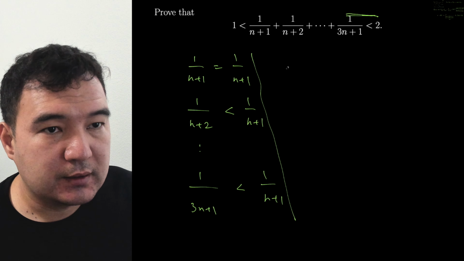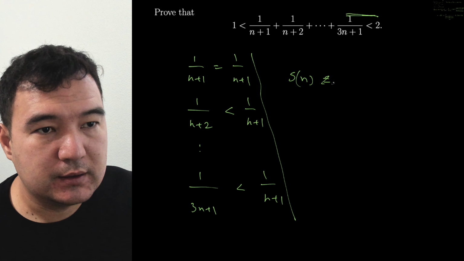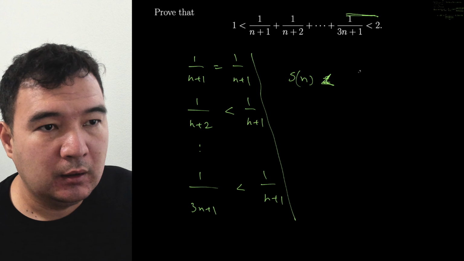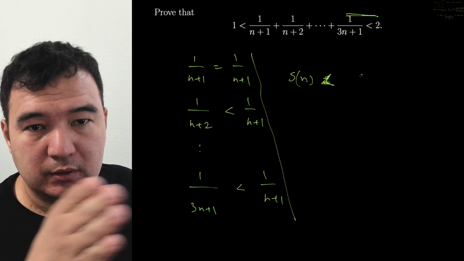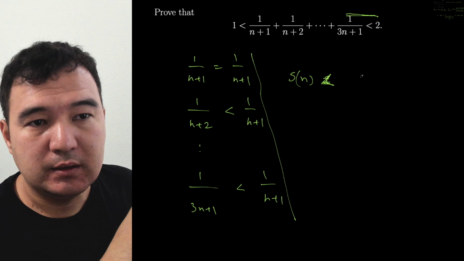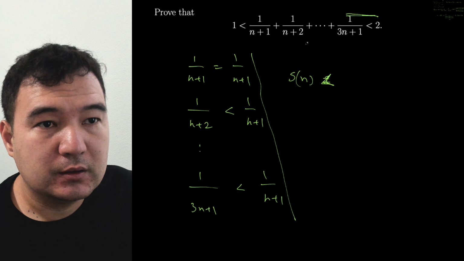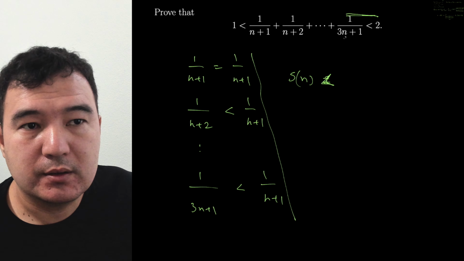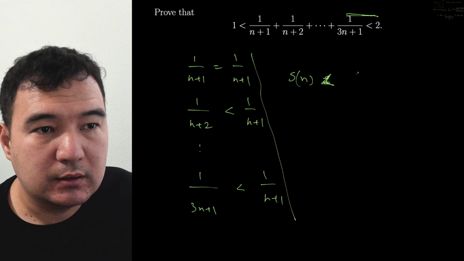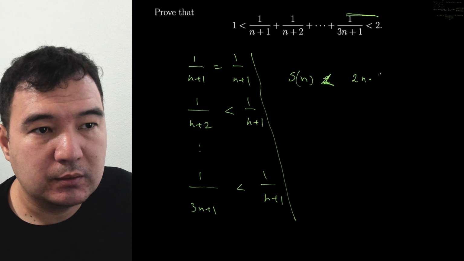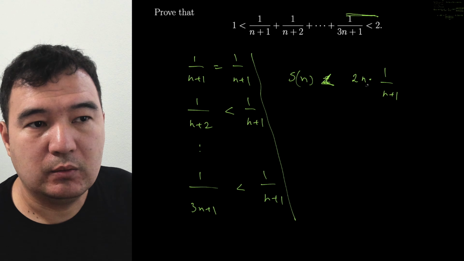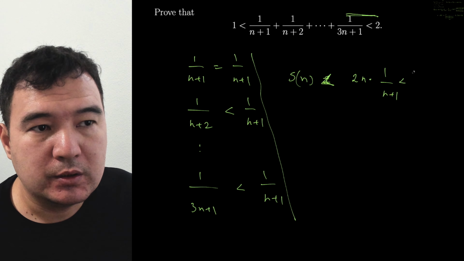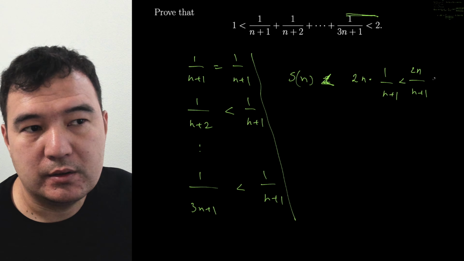So this sum Sn will be less than, so each of the numbers is less than 1 over n plus 1. So we have here 2n numbers. So it means 2n multiplied by 1 over n plus 1. If I do the product, it will be less than this, which is 2n over n plus 1, which is less than 2.